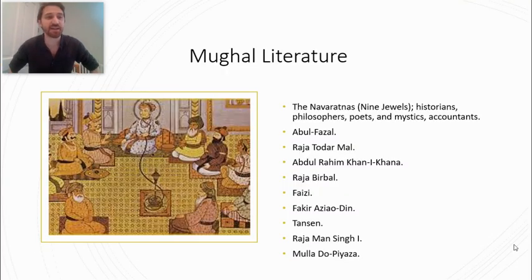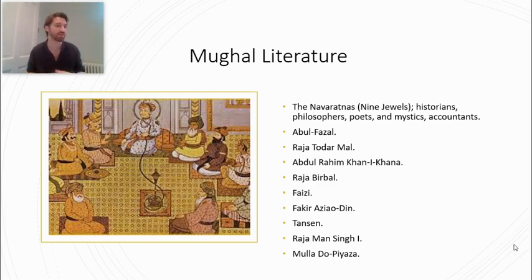So, at the heart of his court is something known as the Nine Jewels. And they are individuals from different parts of India, different religions, different ethnicities, who all come together and contribute to the culture of the Mughal Empire.